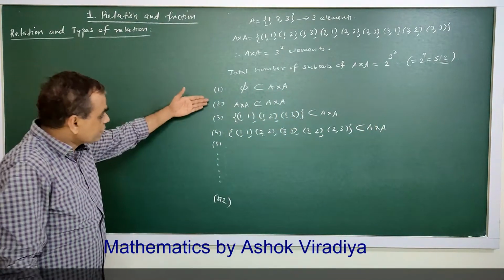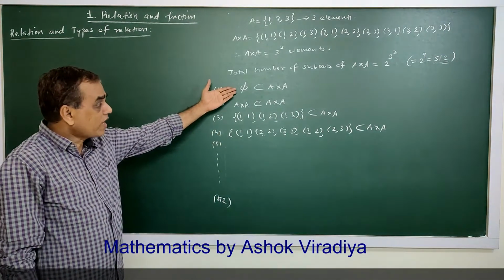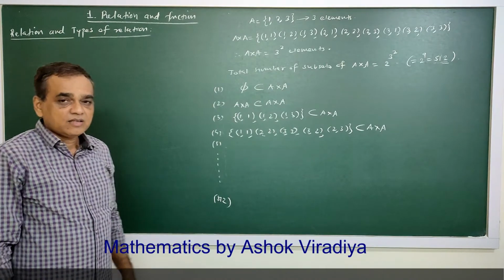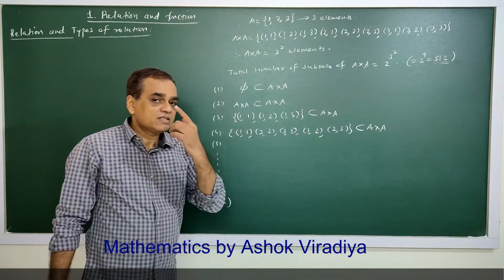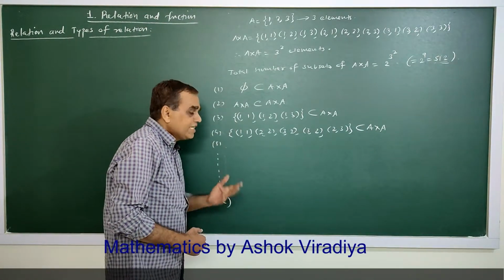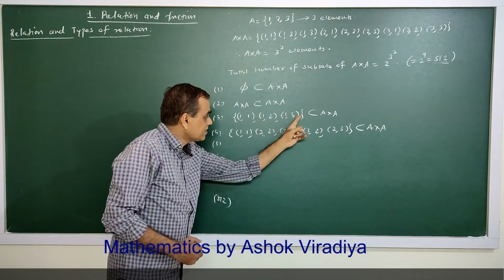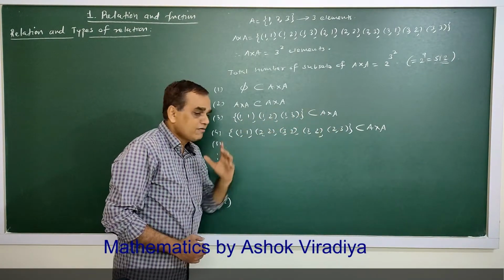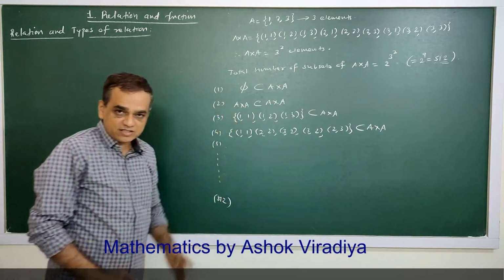So if we prepare a list of 512 subsets, then one subset has no elements. There are some subsets containing a single element. There will be some subsets containing 2 elements. This subset is containing 3 elements, this subset is containing 5 elements, this is containing 9 elements.